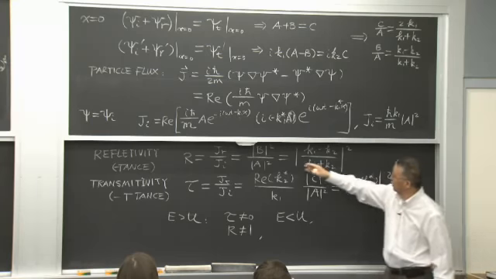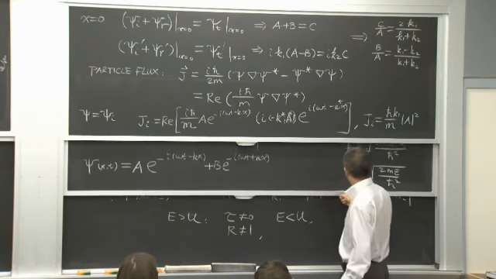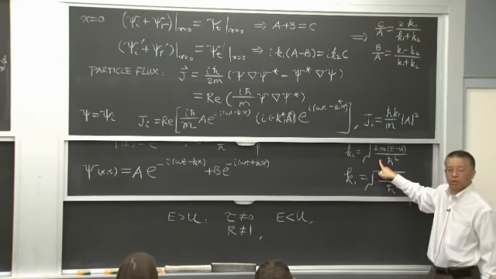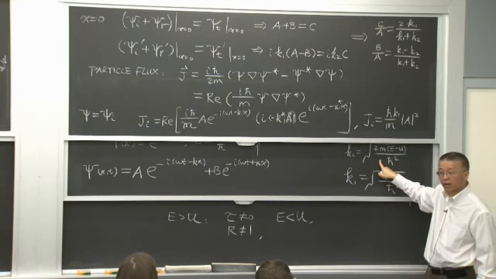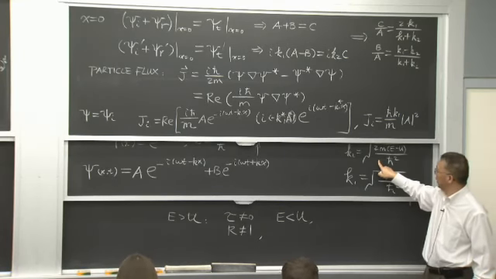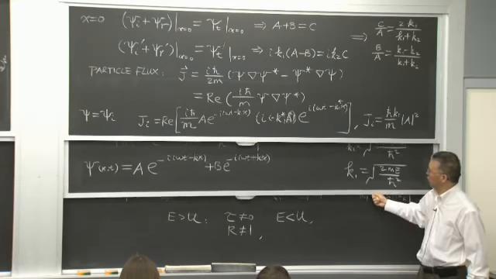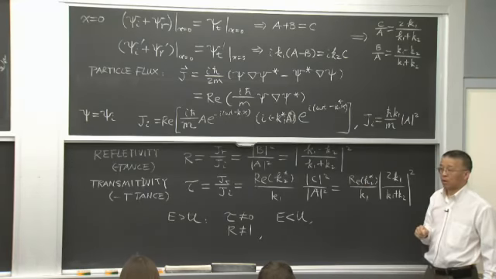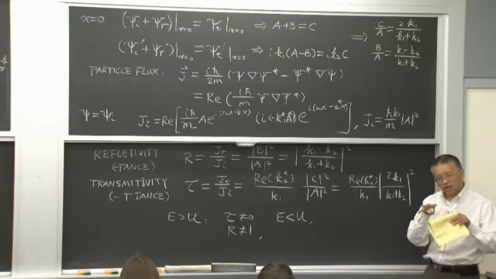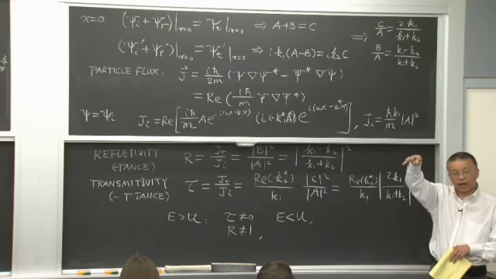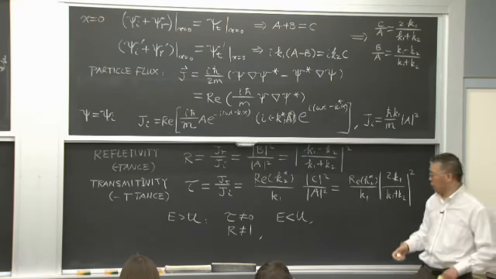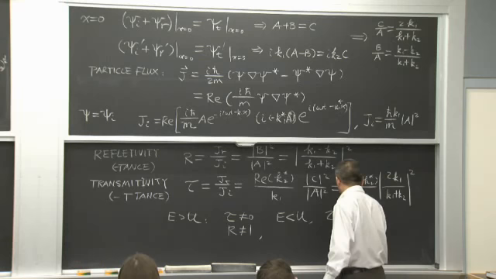If you look at here, your k2 is imaginary, and the real part is 0. So if the energy of the electron is less than the barrier height U, your transmittance is 0.